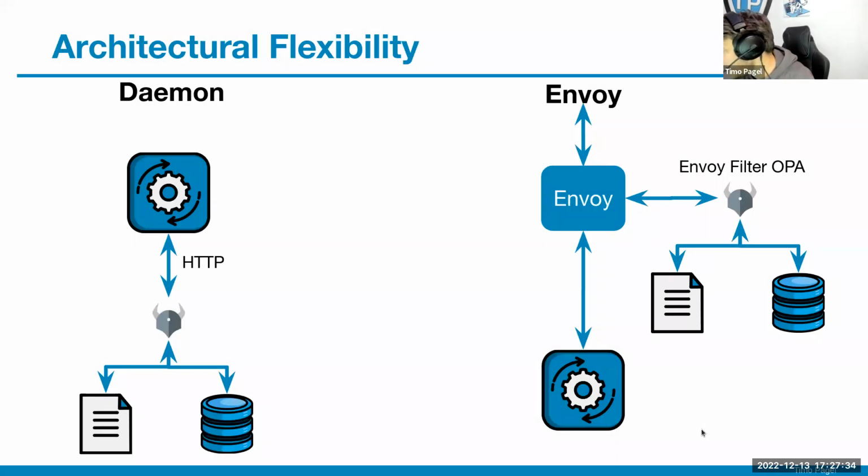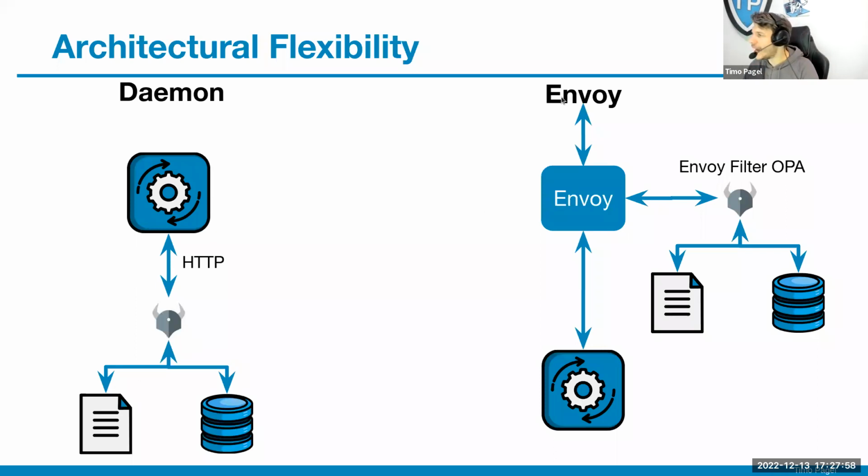Yeah, this is the architecture you see on the left here. You can run OPA as a daemon, and as Denise already previewed, you can have it as an Envoy. And the daemon one is what we saw beforehand. You have the service making an HTTP call to OPA. OPA performs the decision and so on.